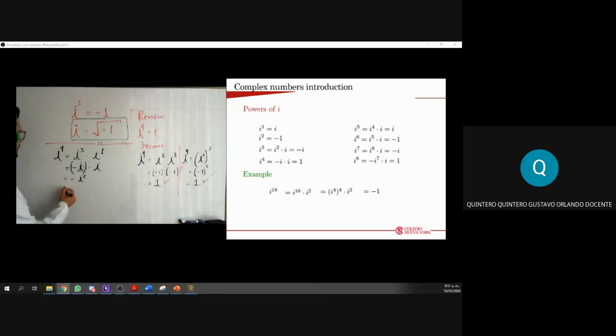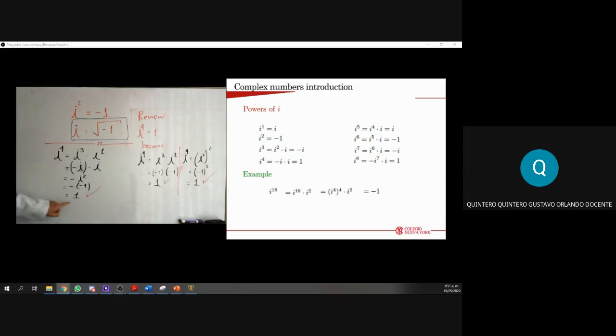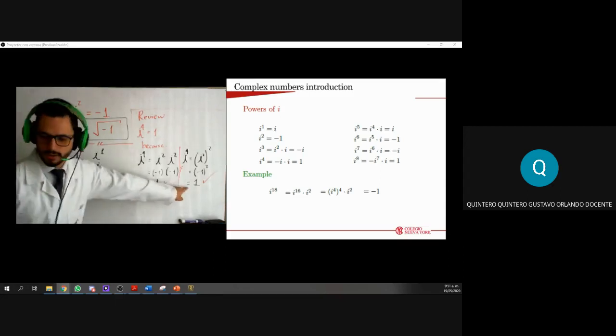Now, we have the negative on top, but how much is i to the 2nd power? i to the 2nd power is -1. So we have -(-1), which is in total +1. Again, it checks out. No matter what way you choose to split it, it's going to give you 1.